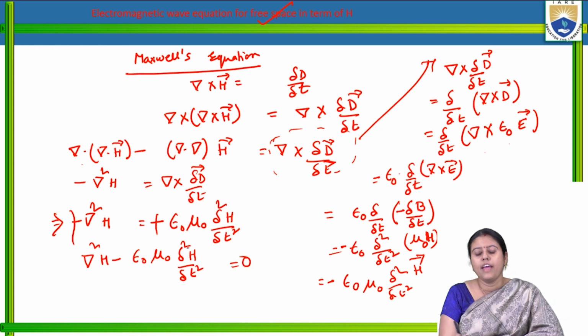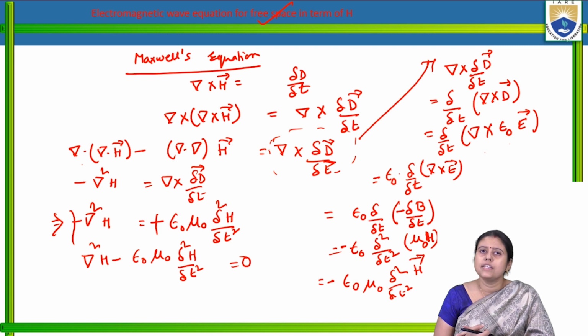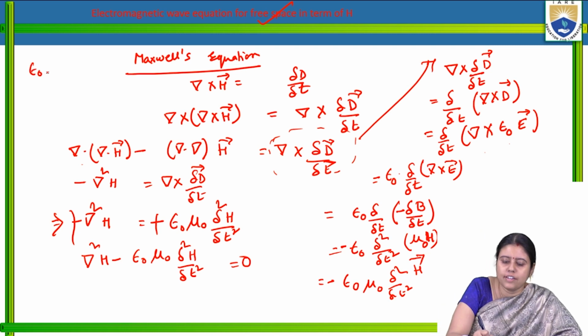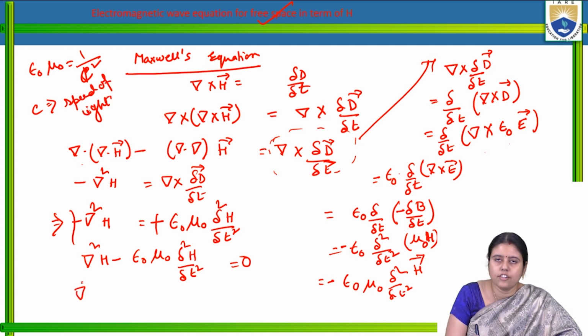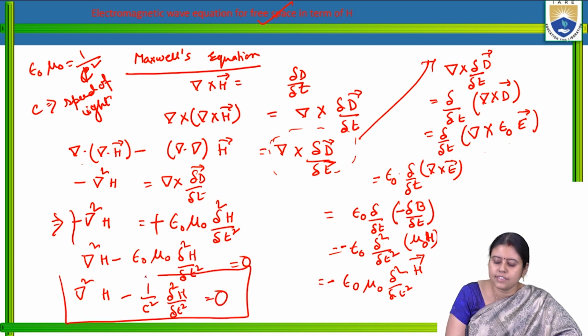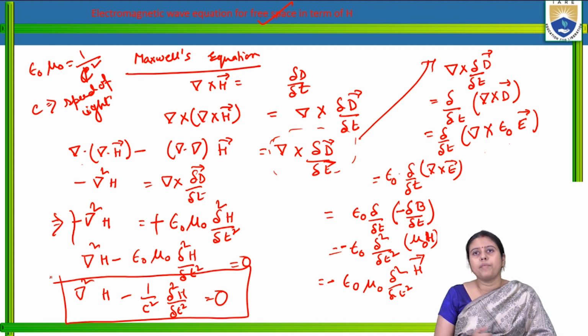Again, epsilon naught mu naught is nothing but 1 by c squared, where c is the speed of light. So we can write grad square H minus 1 by c squared del square H by del t square is equal to 0. This is known as the electromagnetic wave equation in terms of H.